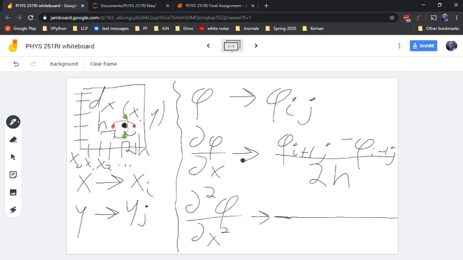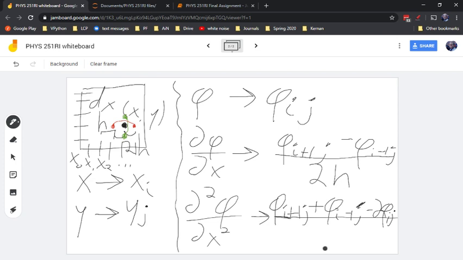I don't have the space to derive it here, but basically you take phi to the right, so phi I plus 1, leave j alone, plus phi to the left, I minus 1, leave j alone. And you subtract from that 2 times phi ij.